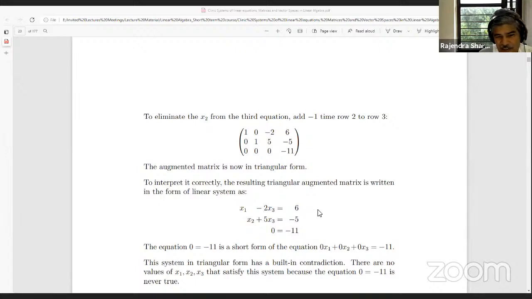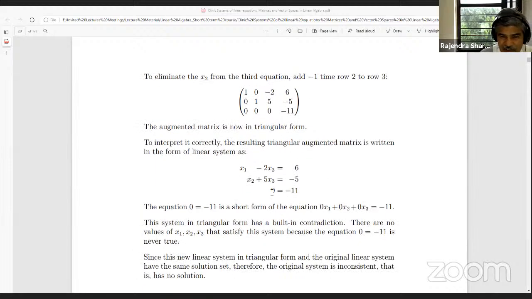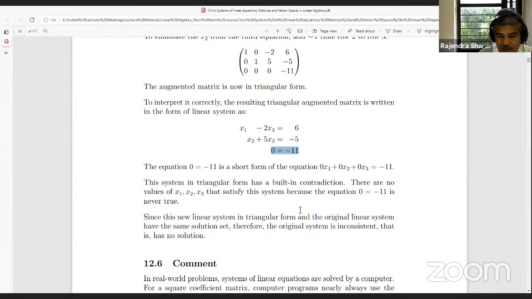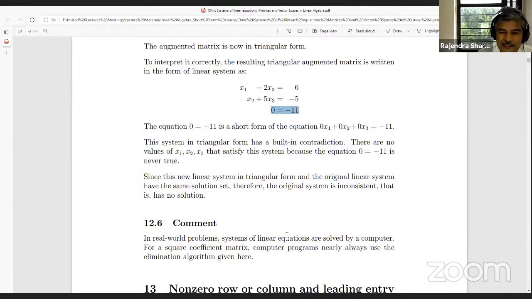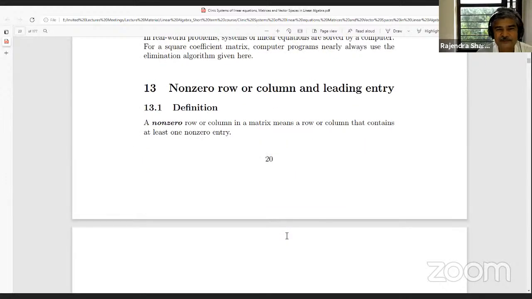And if you convert this into a system of equations, it results in a third equation, namely 0 is equal to minus 11. That is absurd. So that means this system has no solution. So when we proceed to bring the linear system into triangular form, we are able to find out whether the system is consistent or inconsistent, that means has no solution.